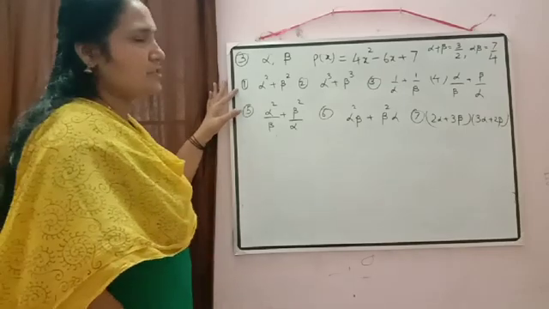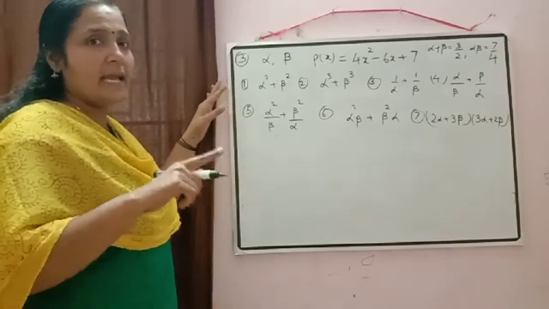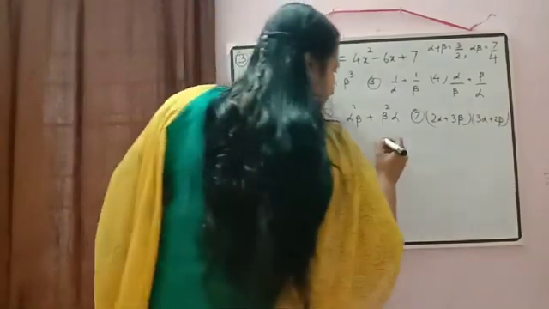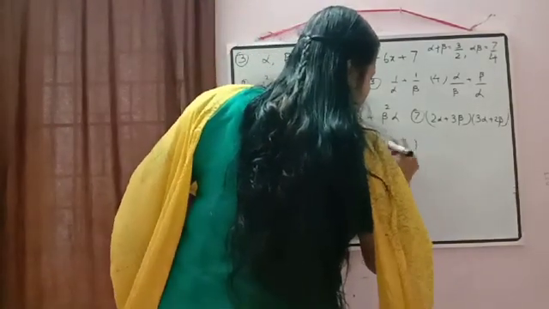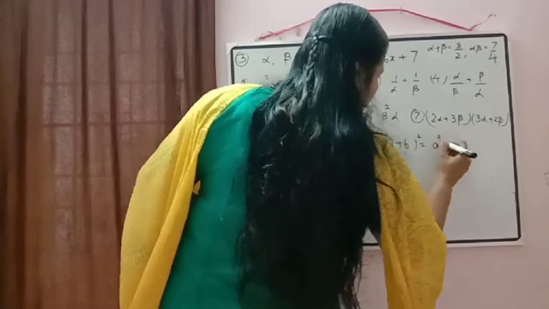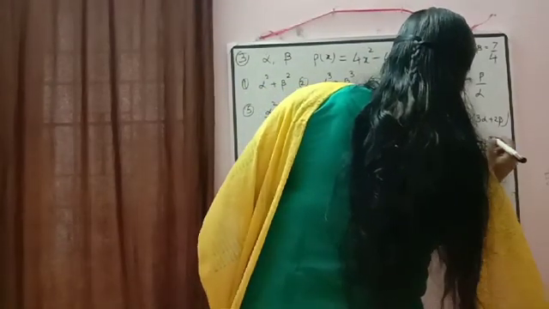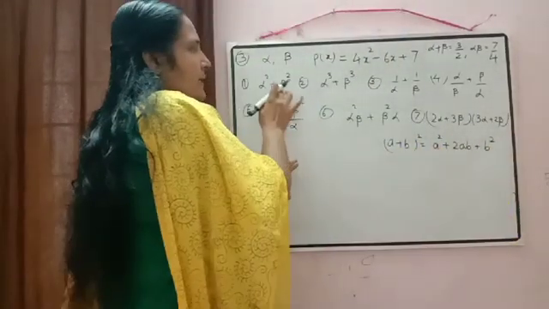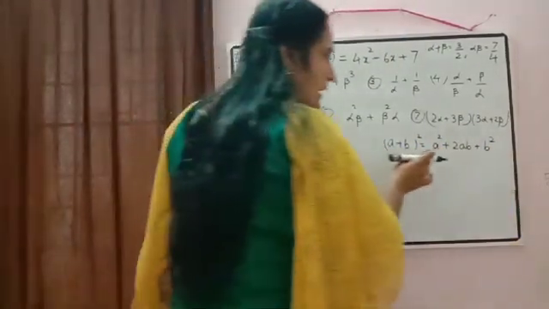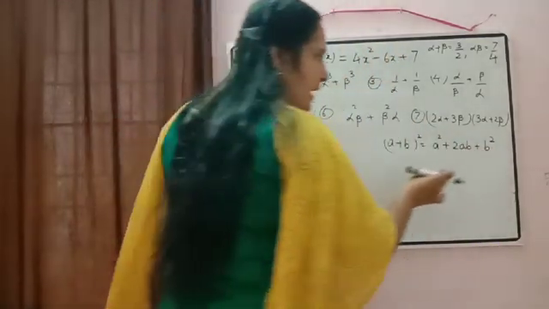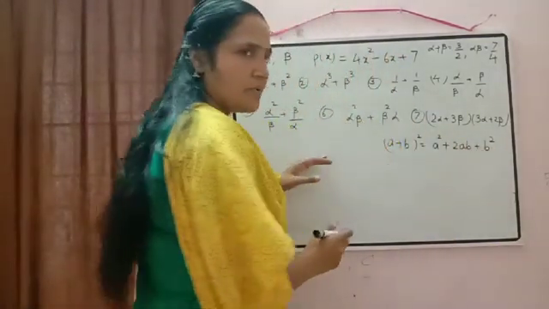To solve the first one, you should know the identity a plus b the whole square. What is that identity? Yes, a plus b the whole square is equal to a square plus 2ab plus b square. And since I have to calculate alpha square plus beta square, this a square plus b square I should write together. And this 2ab I am shifting to left hand side.